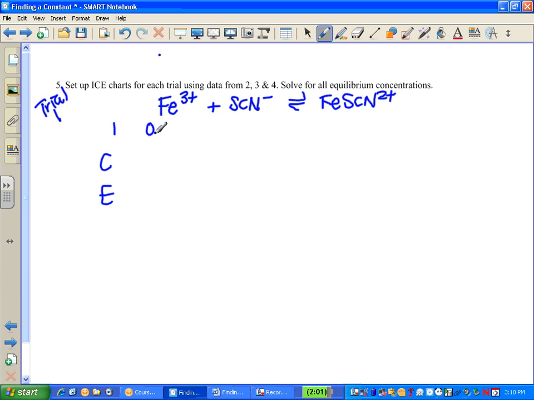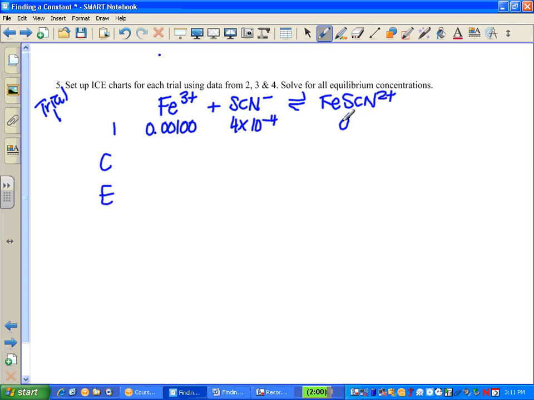When you look at question 2, you saw that in trial 1, the concentration of the iron ions was 0.00100. The concentration of the thiocyanate was 4 times 10 to the negative 4. Now, before the reaction started, there was none of this red ion in the solution, so that initially has a concentration of 0.